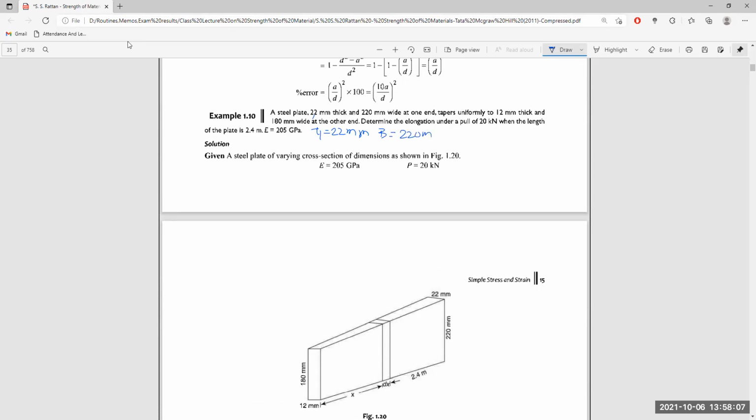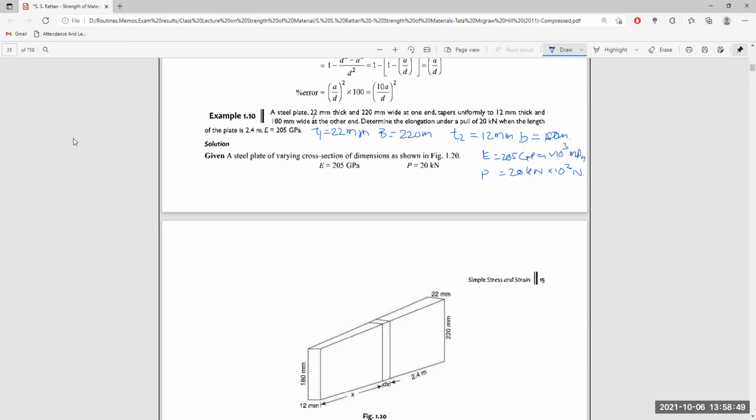Both are tapering: here thickness is also reducing and width is also reducing. So t2 becomes 12 millimeter, and small b is given by 180 millimeter. E is 205 GPa, and P is 20 kN multiplied by 10 to the power 3 to get newton.